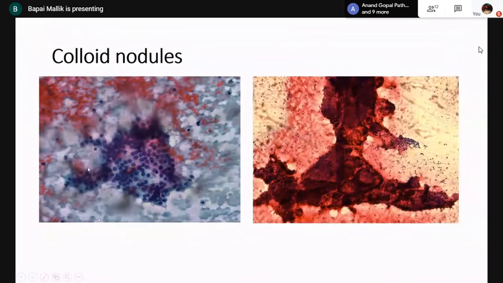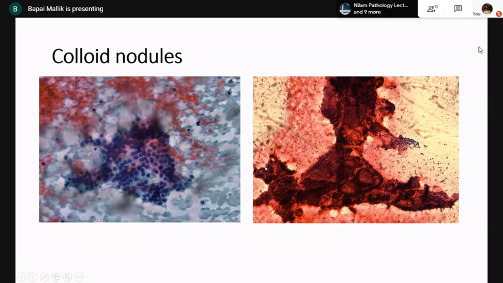Again, a colloid goiter, right? A fragment of a macrofollicle possibly, coming up here, a little bit sharp edges, very well monolayered sheets. In some places, there seems to be an overlap, but these are possibly because of folds which occur at the margin rather than calling them overlap.